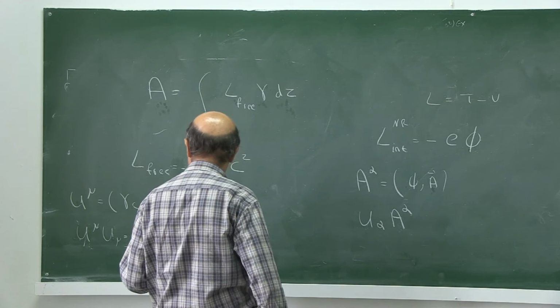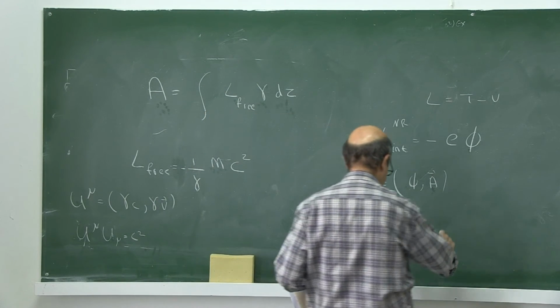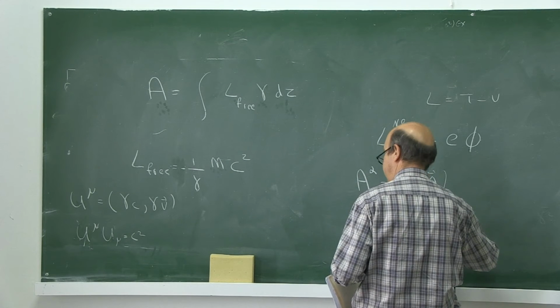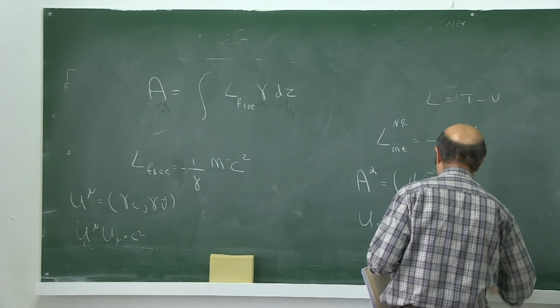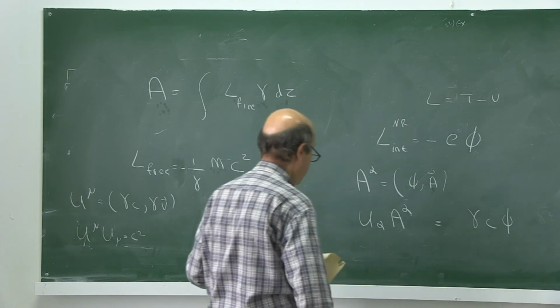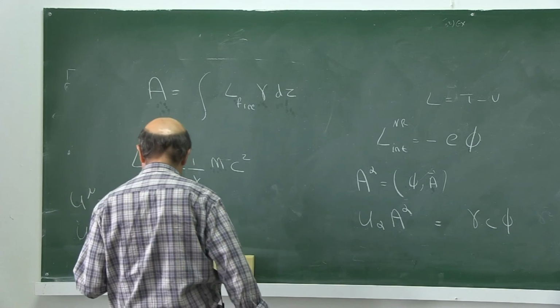what are you going to obtain? Gamma c phi, and what is the other term?